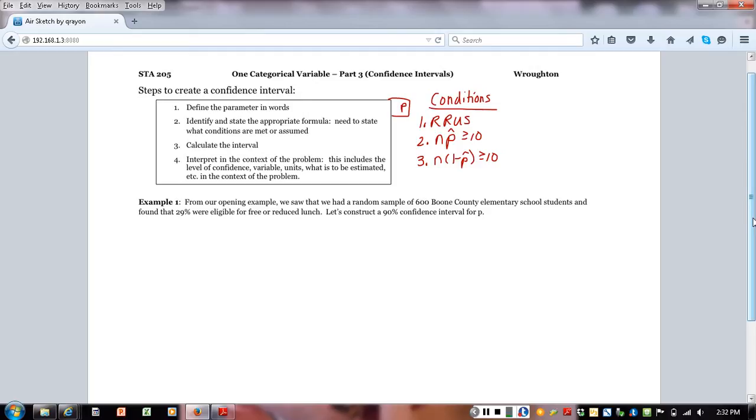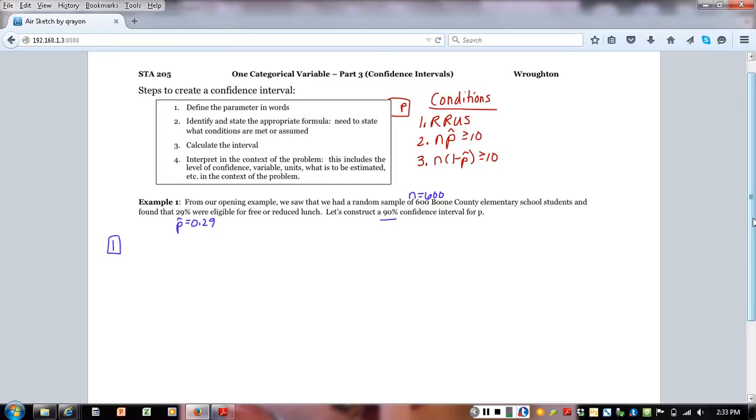Next thing we're going to do is an example. And so we're going to go back to our opening example where we had a sample of 600 Boone County Elementary School students. We found that 29% were eligible for free or reduced lunch from the 600, so that was just a p hat. We're going to construct a 90% confidence interval for p. Alright, so our first step, as it says above, is to define the parameter in words.